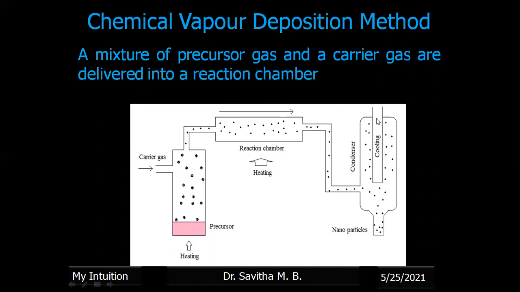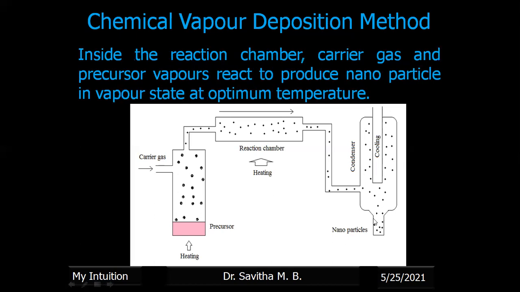This will be slowly rotating. As the gas comes here and goes up, the temperature is less. Therefore it condenses. It is in the gaseous state, and it will get condensed into the solid state and fall down. Okay, so this is the preparation of nanoparticles by the chemical vapor deposition method.